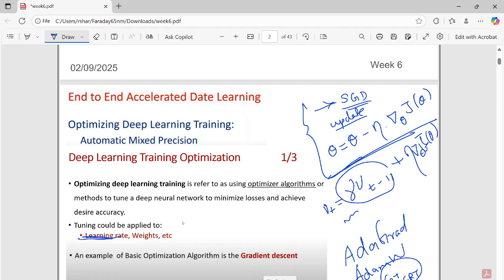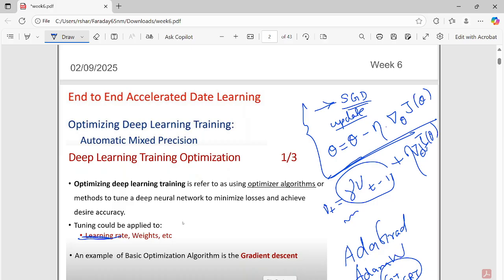And also learning rate warm up can be used, where we start with a small learning rate and gradually increase it for the first few epochs, and this is useful for training larger models like transformers. And we have hyperparameter optimizations.